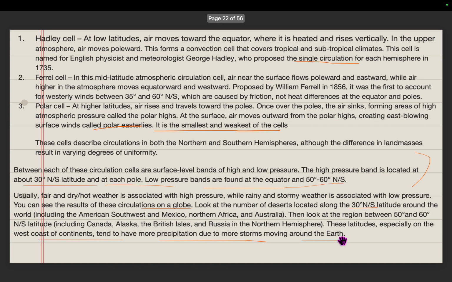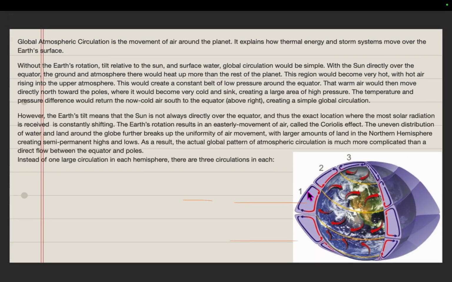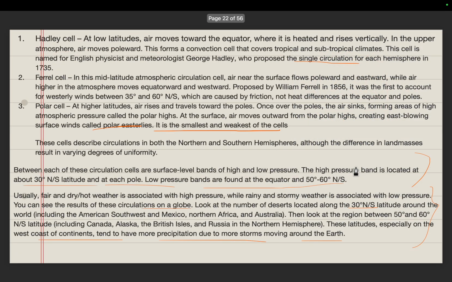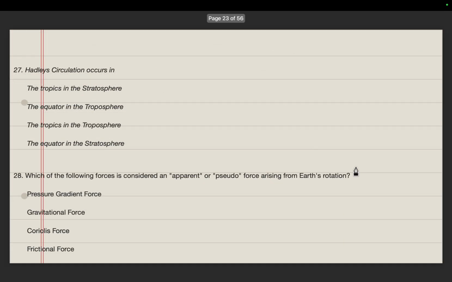We will discuss this later, but for now we have seen three kinds of cell: Hadley cell, Ferrel cell, and the polar cell. Now there will be a few questions regarding atmospheric circulation of the earth.